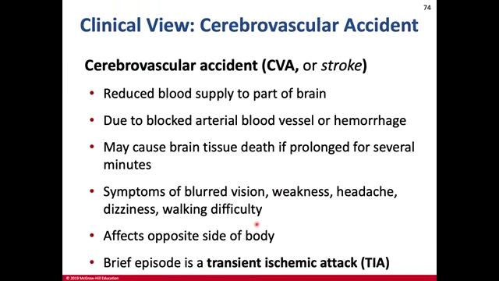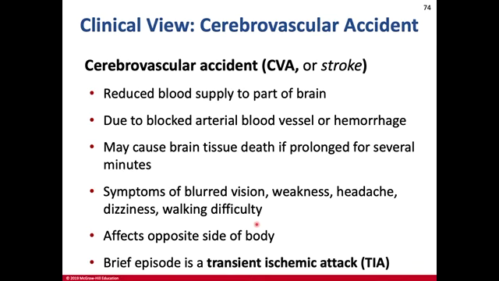There seems to be both a genetic and an environmental component. Now, in a cerebrovascular accident, what we see is either a lack or a reduction of blood supply to a portion of the brain. It can be because of a ruptured or a blocked artery, okay? And it can cause brain tissue death if it goes on for more than 5 minutes, because that's what we call your oxygen reserve in the body.